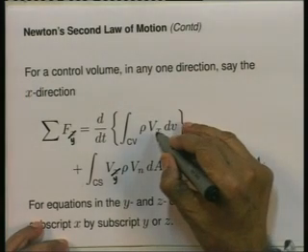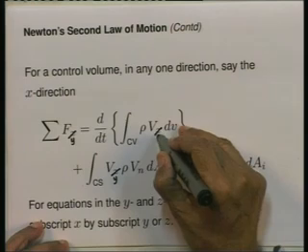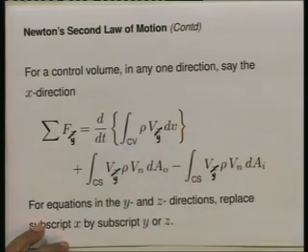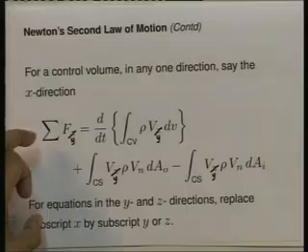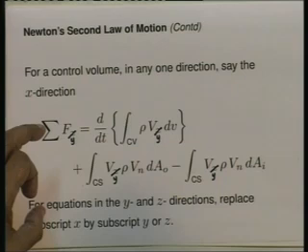So the Vn is not going to change, all that is going to change is wherever there is a Vx, there is a Vy. And if I want the z direction equation, I need to substitute the subscript z wherever there is a subscript y. So these will be my three equations for the three directions.